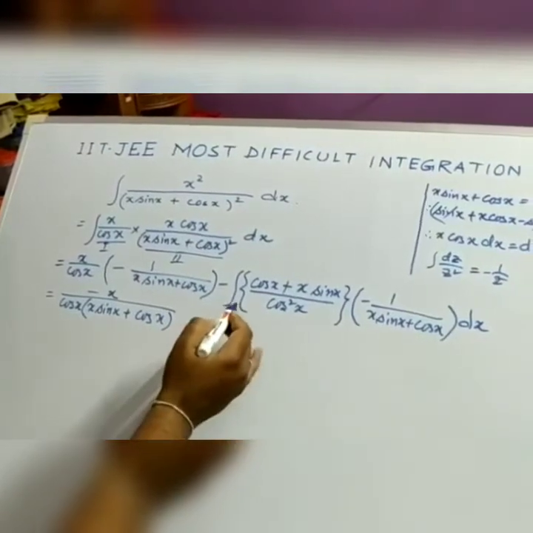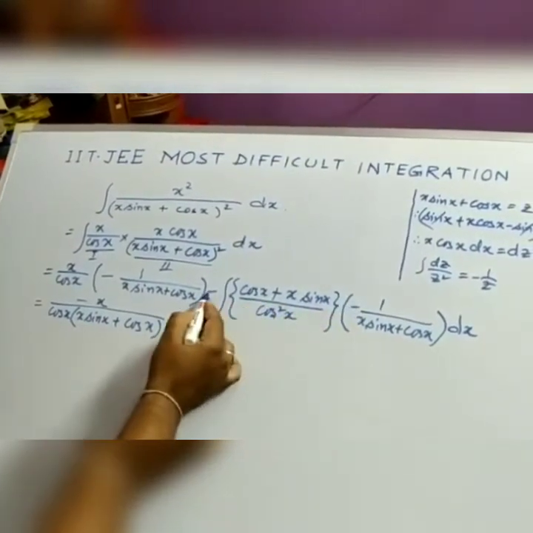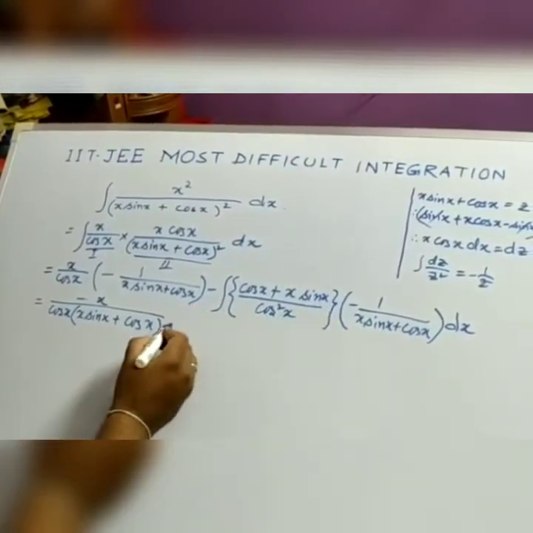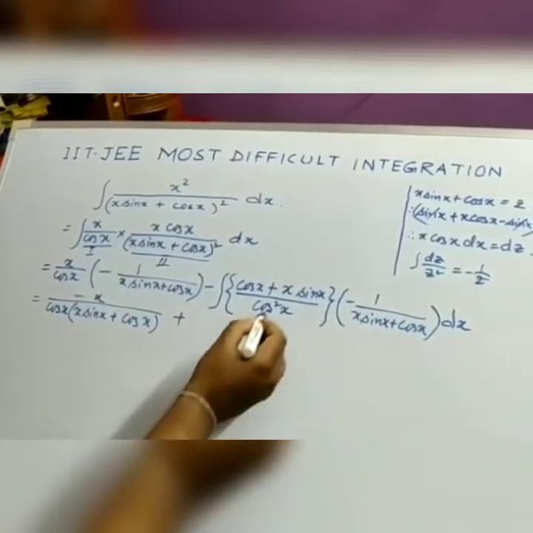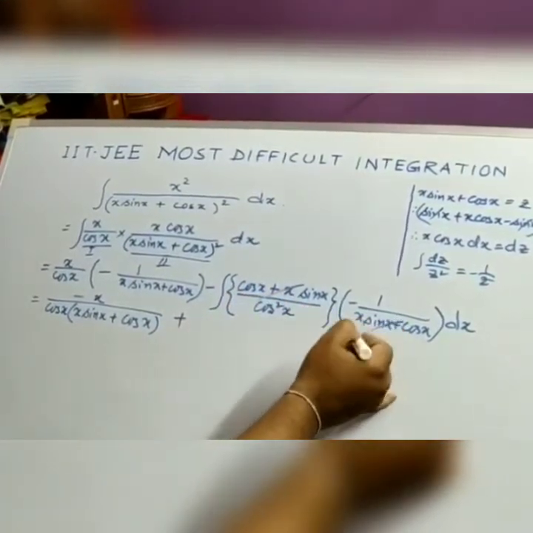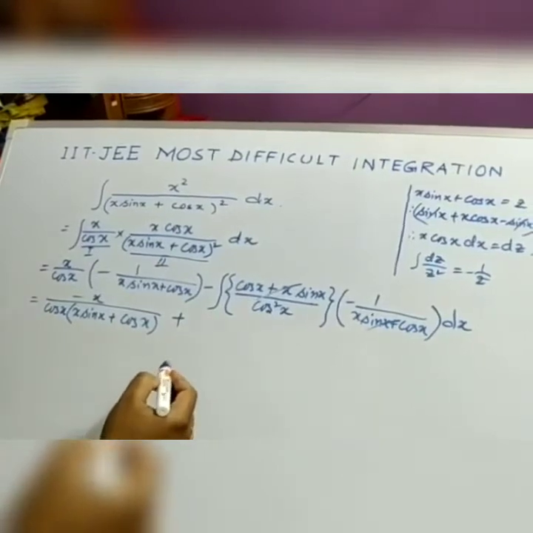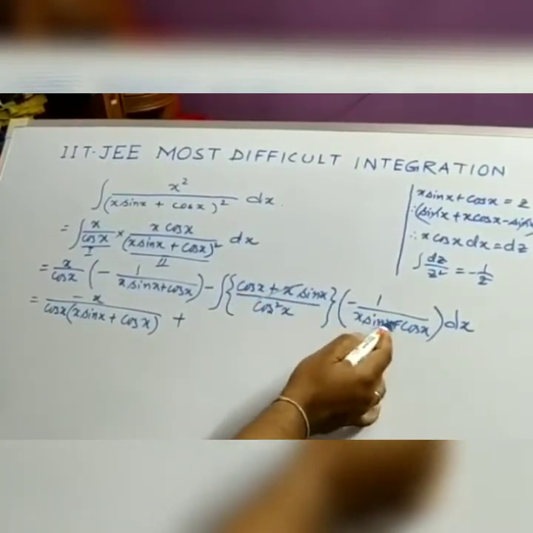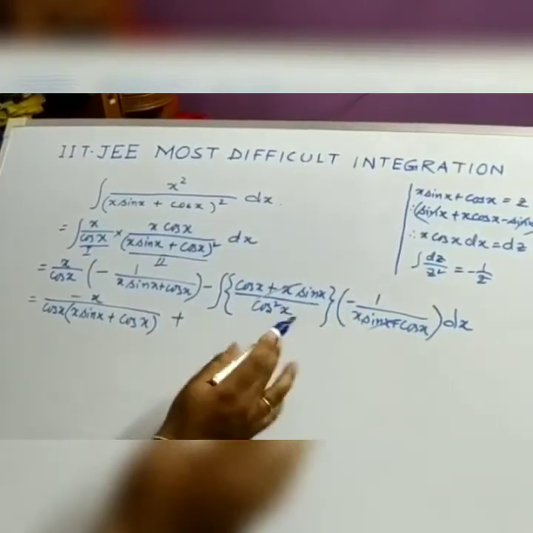And the second part, here is minus and here also minus, so minus minus gives plus, and you can see this part and this part cancel, because you can see x sin x plus cos x here is also x sin x plus cos x, so both the parts can be cancelled.